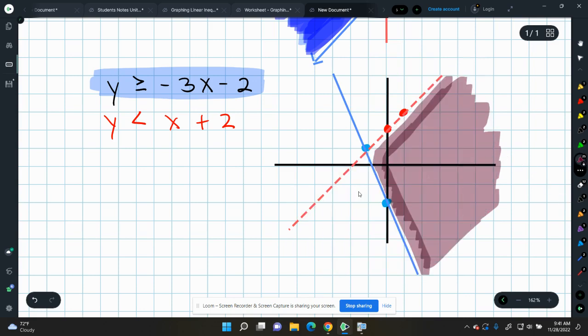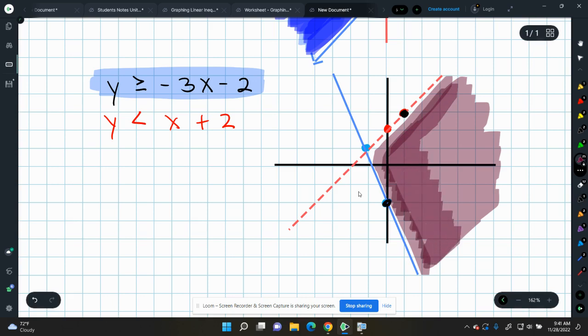So it does matter. If you notice, these points on the dotted line are not part of the solution. Down here, this point that falls on the line is part of the solution. So the dotted or solid does matter.